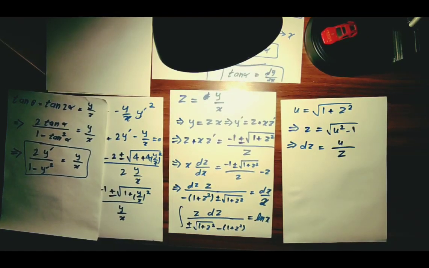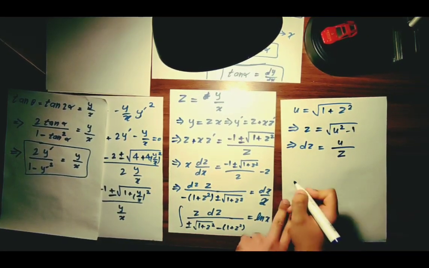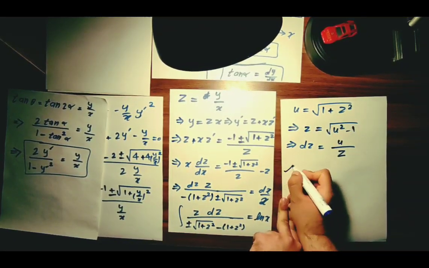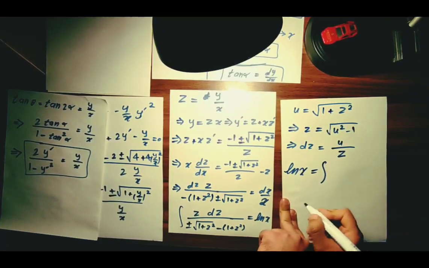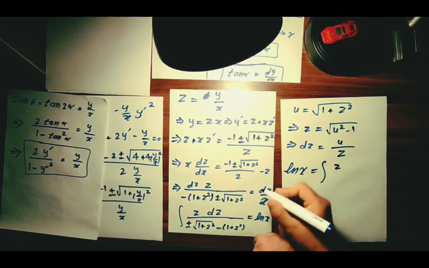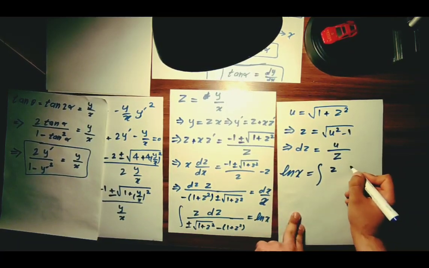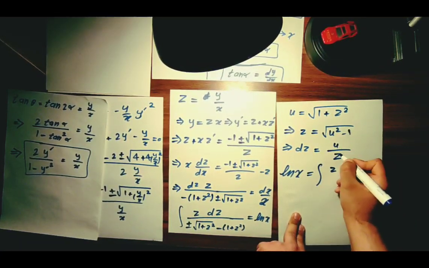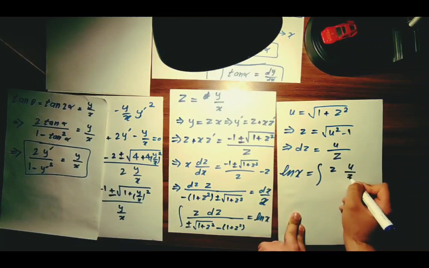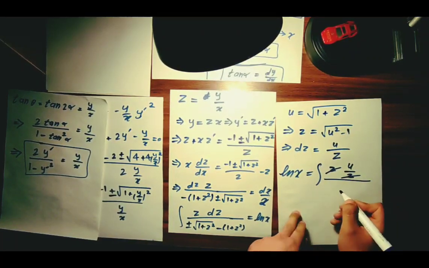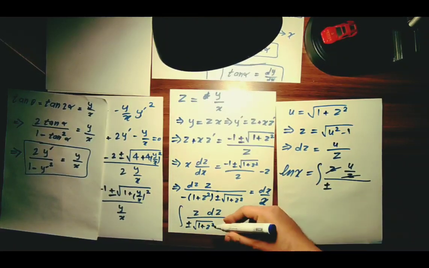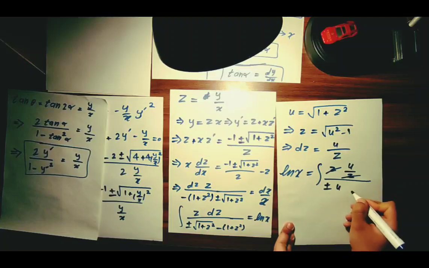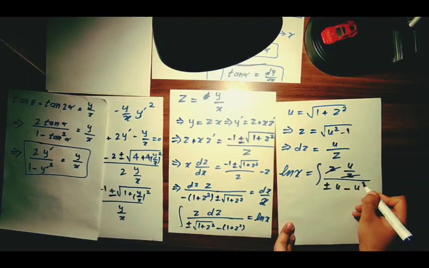Okay, now do the replacement. So ln of x is equal to integral of z dz. What is dz? dz is this. dz is u du on z, which these z's cancel each other, on this plus minus this is u minus u squared.